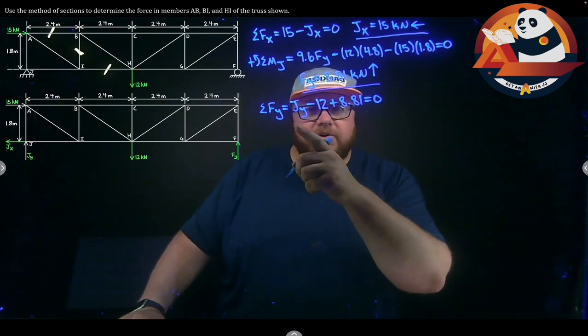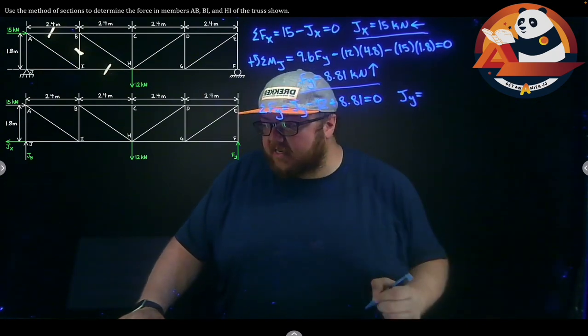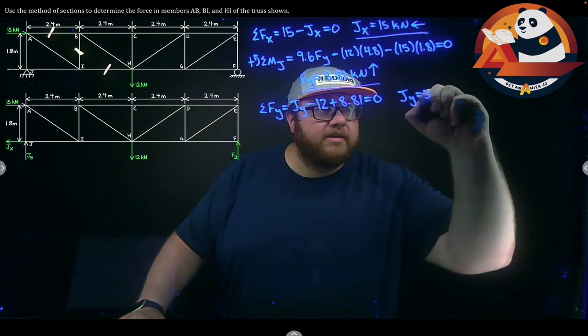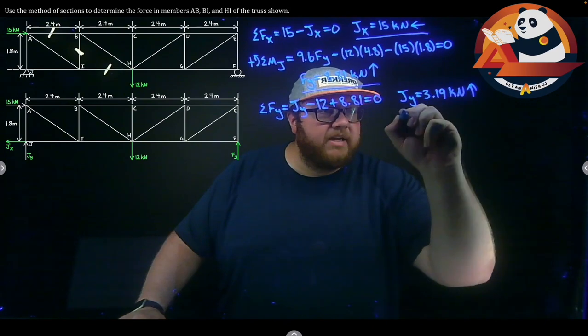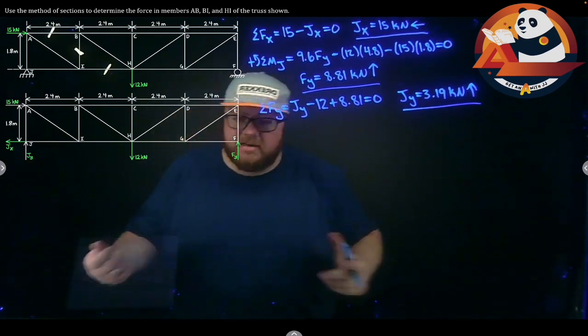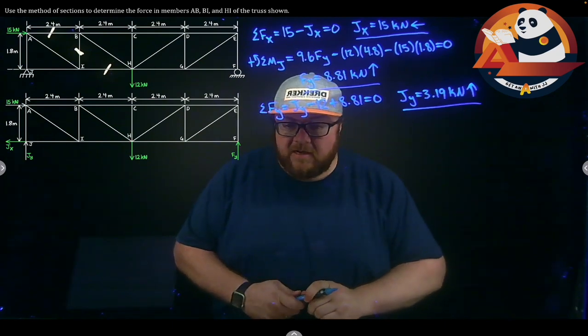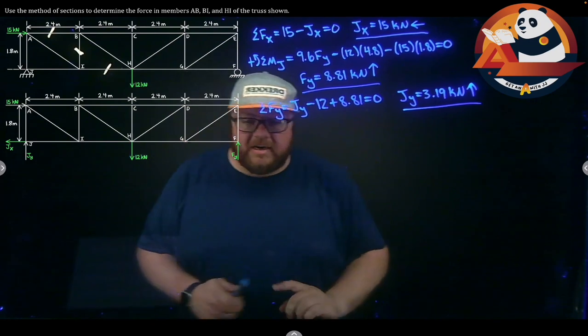Which if I solve for Jy, I'll get that Jy is a positive 3.19 kilonewtons. Which means if I get a positive from my equation, it's in the direction I assumed in my free body diagram. It's going up for everything in here. But that would be my 3 unknowns that I actually need as I come in and tackle that.